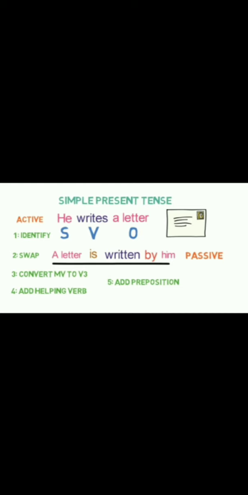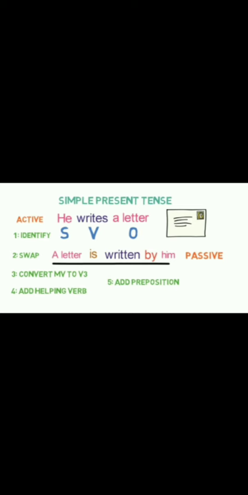Let's recap simple present tense, how to change from active to passive. First we'll identify subject, verb and object. So here, he writes a letter: he is the subject, writes is the verb and a letter is the object. So we'll swap, we'll add the preposition by, we'll add the third form of the verb and the helping verb as per our new subject.